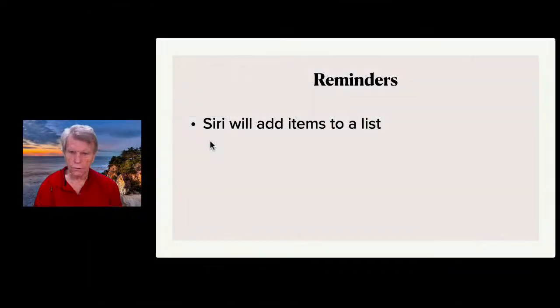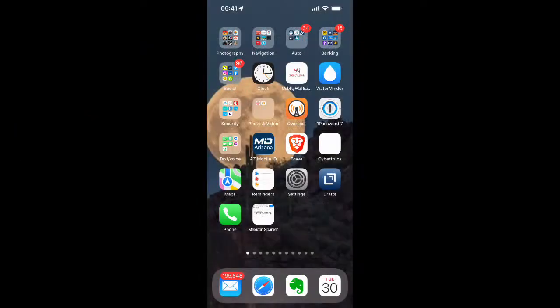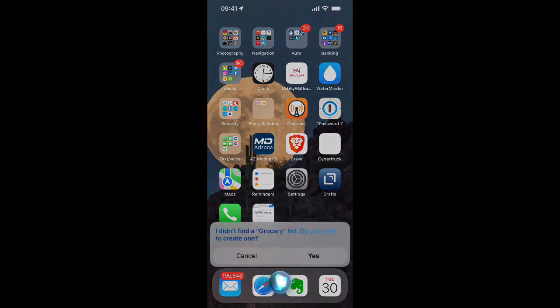So Siri will add items to a list, and you can also share a list with someone. So let's go to our iPhone. So, hey Siri, add carrots to grocery list. I didn't find a grocery list.